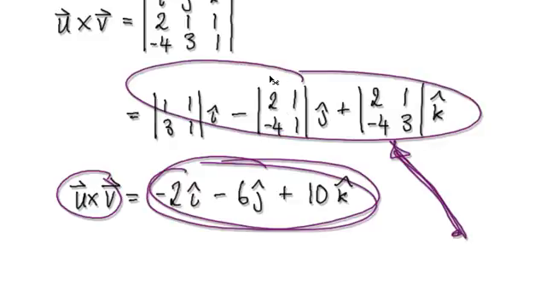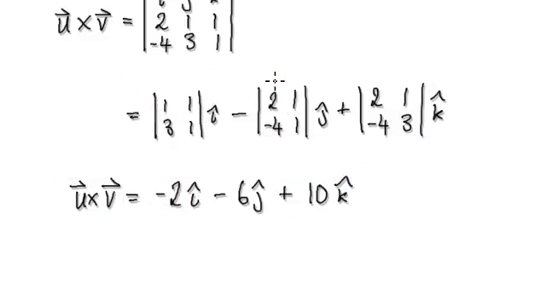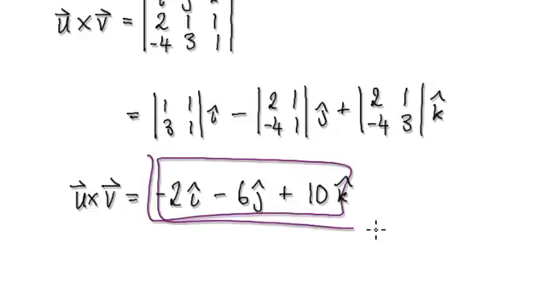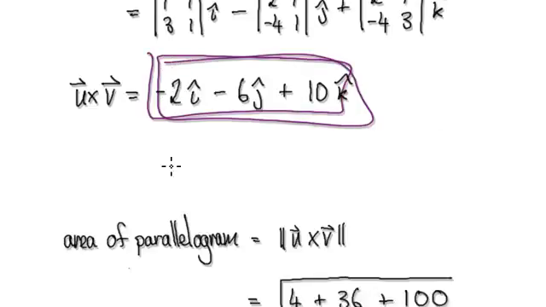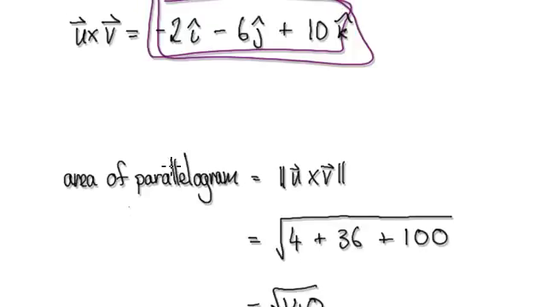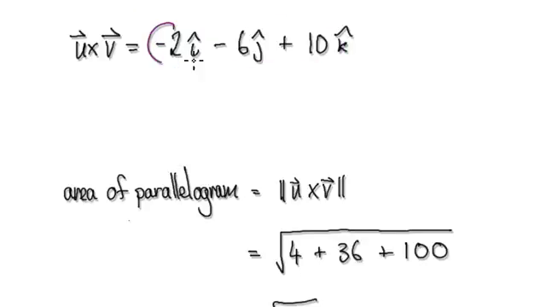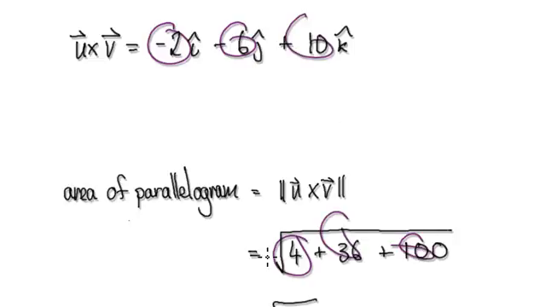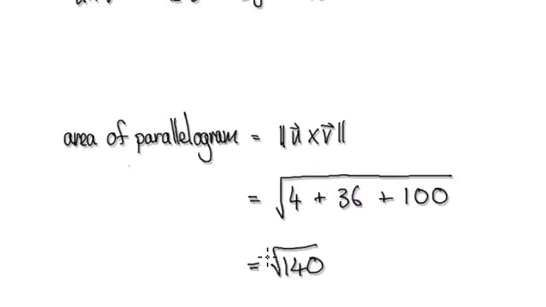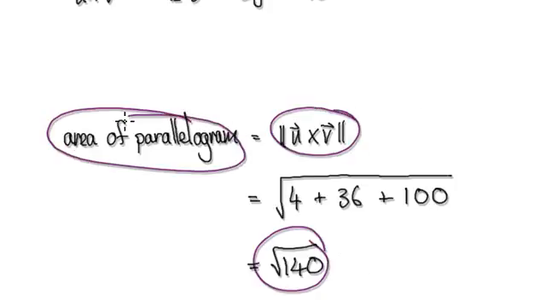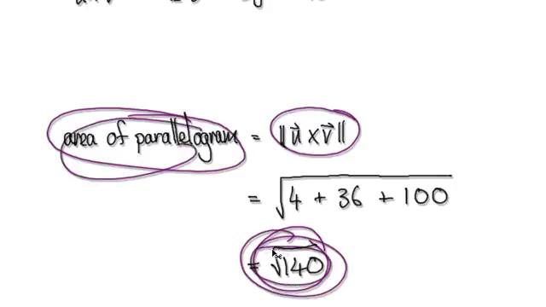At the moment you don't know why it works. Just accept that the area of the parallelogram is given by the magnitude of this vector, which we find using Pythagoras: square this, square this, square this, and square root the whole thing. The magnitude is equal to the area of the parallelogram. So this is your area here.